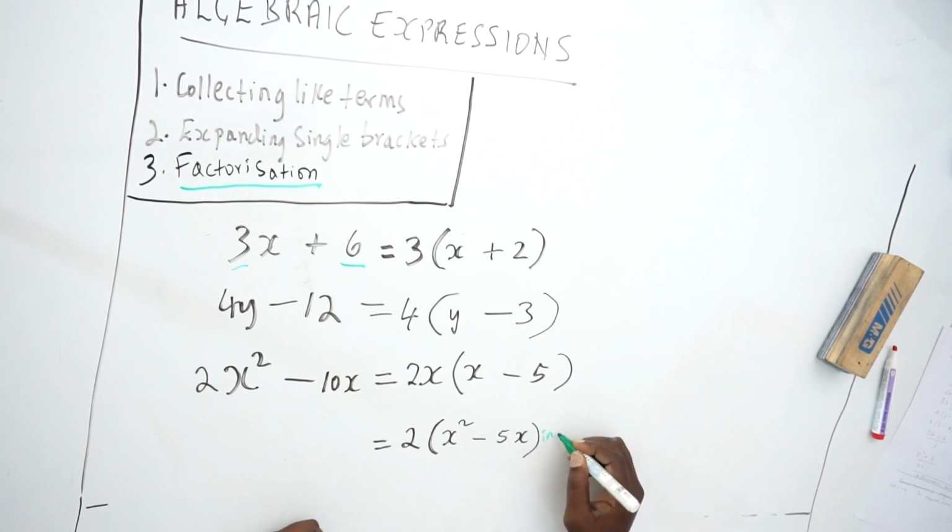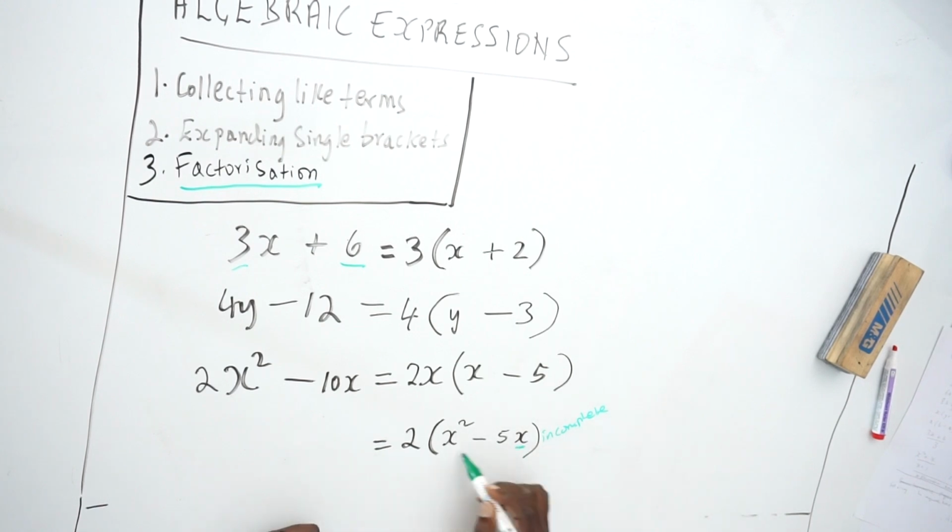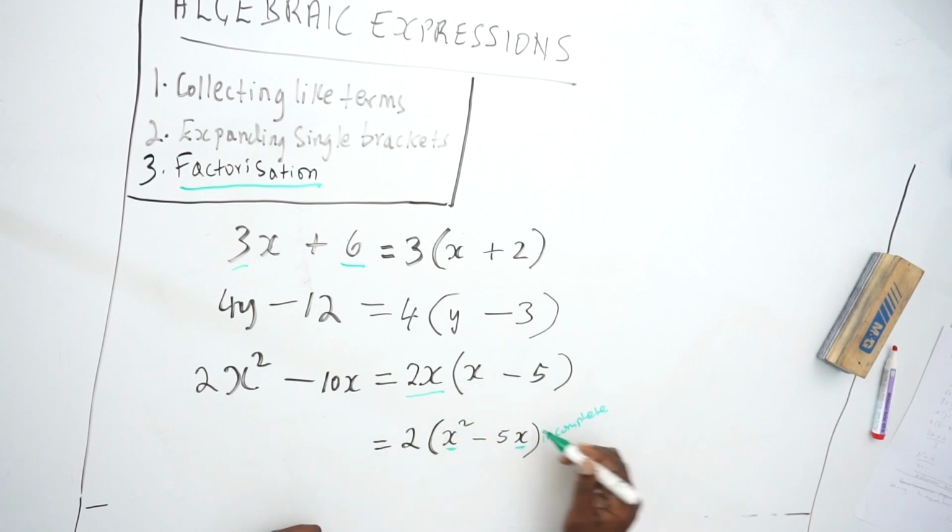It's not a complete factorization because there's still a common part in the bracket, on both sides, the x's. So until you remove that x out and get 2x, this is incomplete. But when the 2x is out, that's a complete factorization. Do the examples that follow below, and let's meet in the next lesson. Thank you.